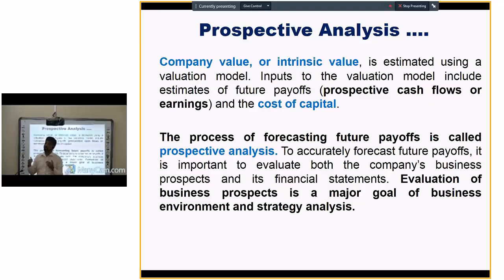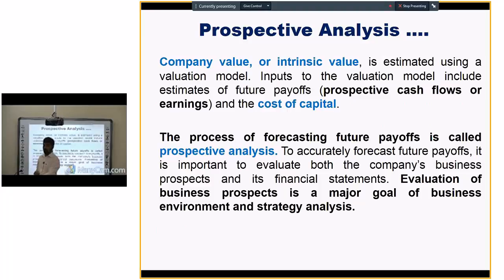There may be a chance or probability for the future expected cash flow. Sometimes we have to think about sensitivity analysis. Then we have to use the probability concept to forecast the expected cash flows.